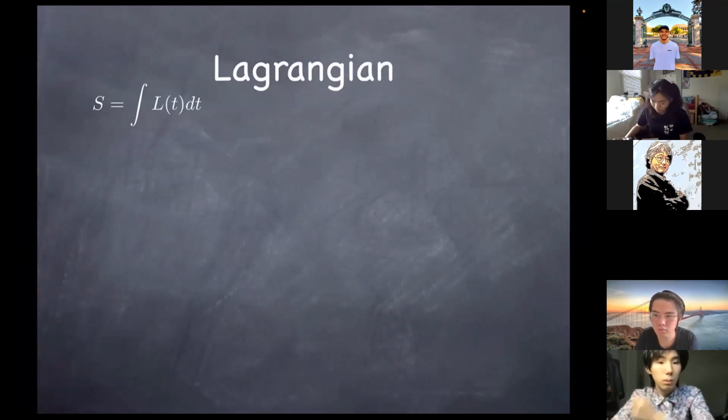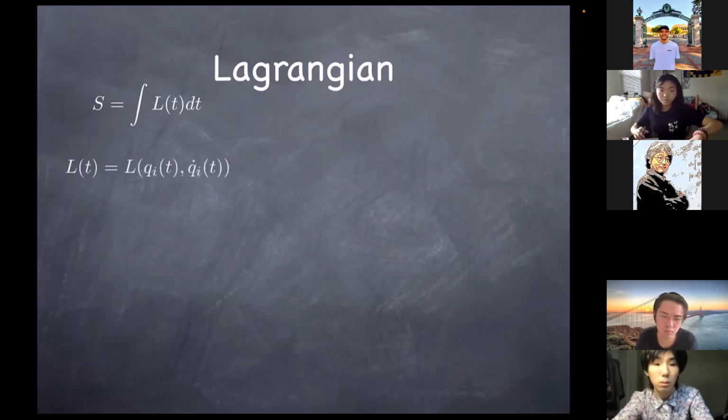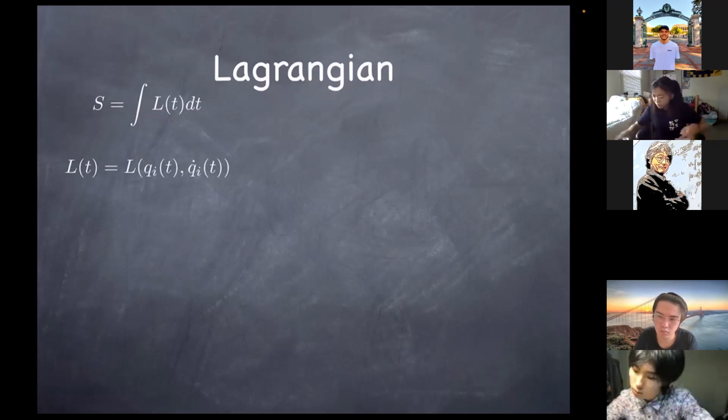Using the Lagrangian L, you integrate the Lagrangian over time, and that defines what we call the action S. As I already mentioned, the Lagrangian is a function of position q and its time derivative q dot.